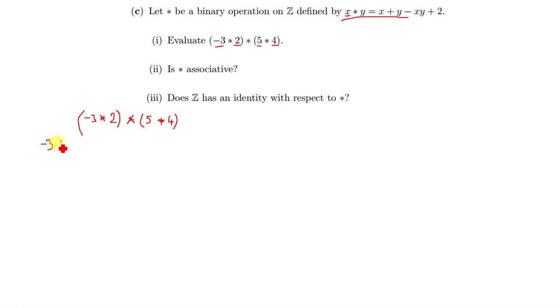So this is going to be negative 3 plus y, which is 2, and then we have negative xy. We put negative 3 times 2, and then we put this in square brackets.